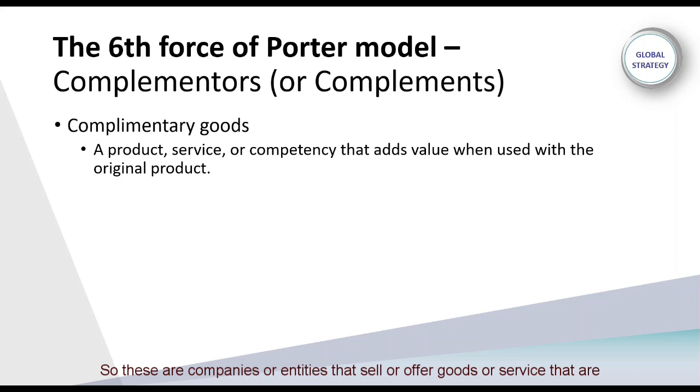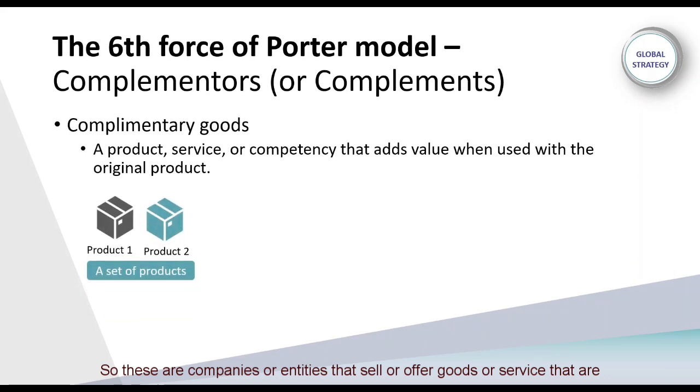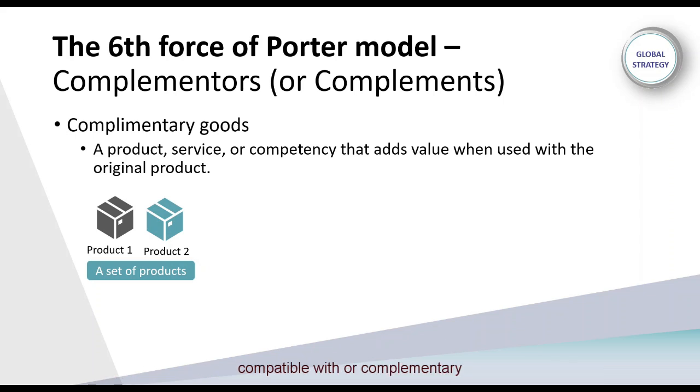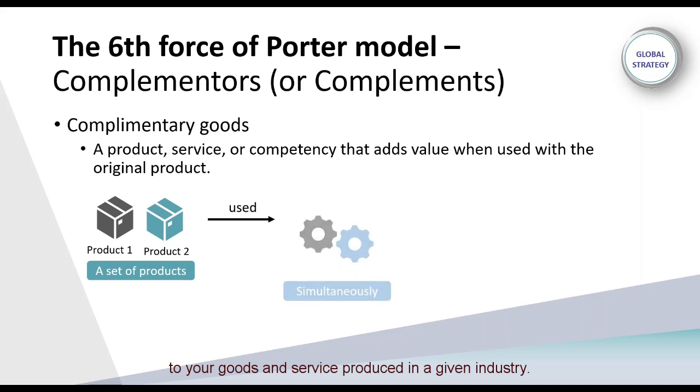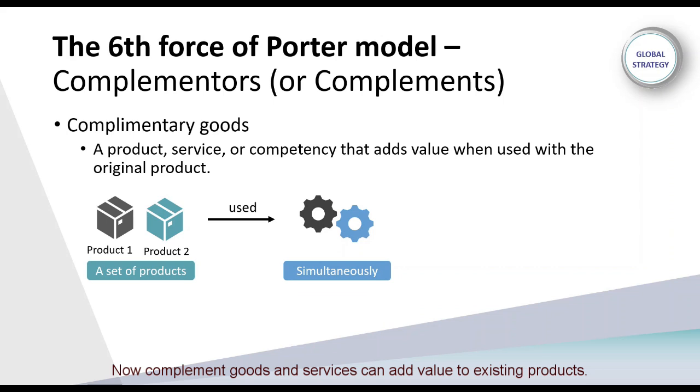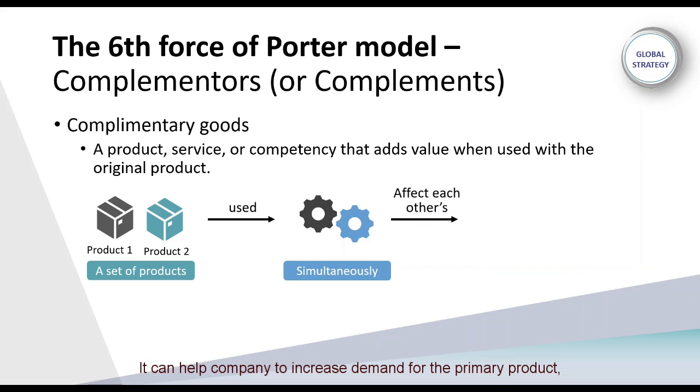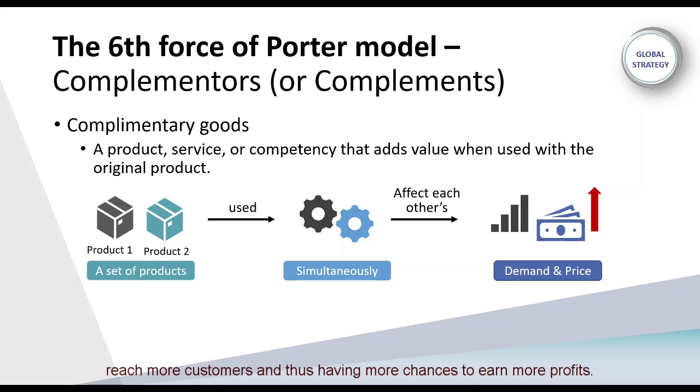So these are companies or entities that sell or offer goods or services that are compatible with or complementary to your goods and services produced in a given industry. Now, complementary goods and services can add value to existing products. They can help companies to increase demand for the primary product, reach more customers, and thus have more chances to earn more profits.